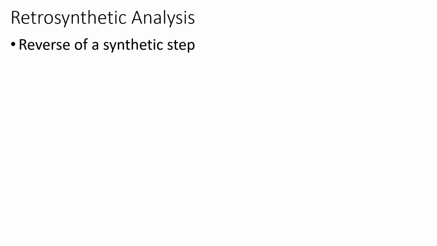First off, we want to talk about how we can look at a reverse synthetic process, meaning we're going to start with our target material and work backwards to determine our starting material. This is what we refer to as a retrosynthetic step.